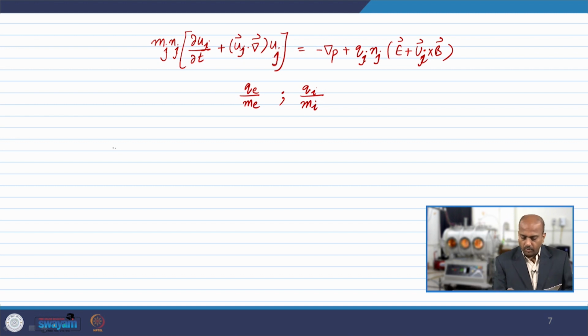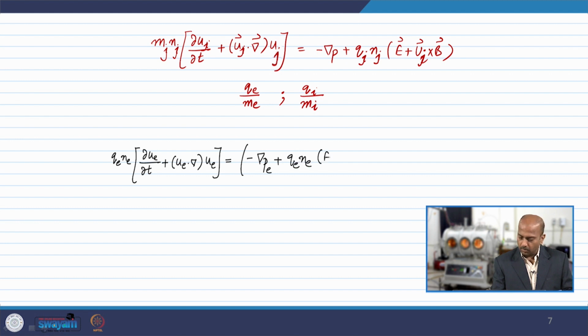So I'll write the two equations again: QeNe times (∂Ue/∂t plus Ue dot del Ue) is minus del Pe plus QeNe times (E plus Ue cross B) times Qe by Me.